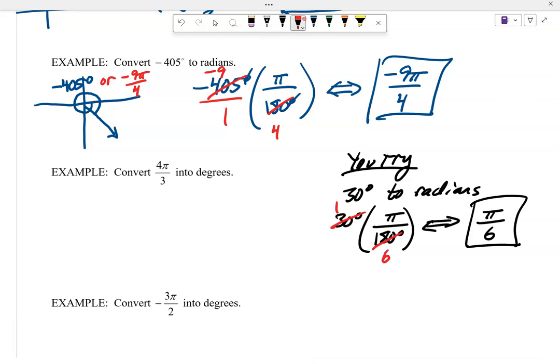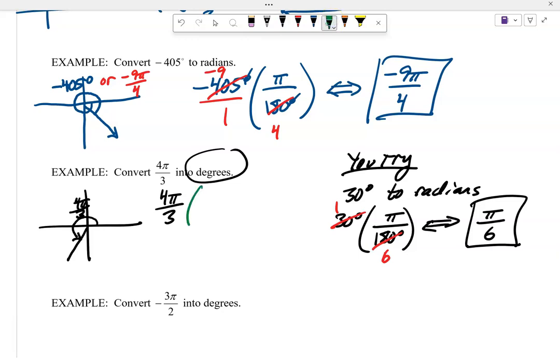All right, let's go the other way now. Let's go 4 pi thirds. This is in radians right now, and now we're going to go to degrees. So I'm going to multiply by 180 degrees for every pi radians.